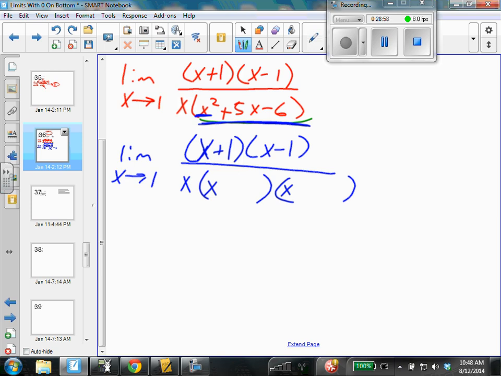Add together, multiply them to get negative 6, add them to get positive 5, so positive 6 and a negative 1, because positive 6 plus negative 1 will give us a 5, and then the positive 6 times negative 1 will give us negative 6 whenever we multiply.